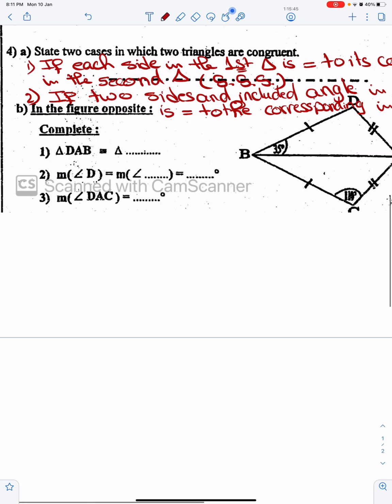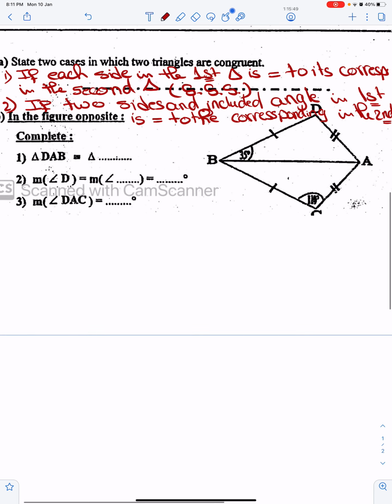Okay, let's look at this question. In the opposite figure, triangle DAB is congruent to triangle, D is the same as C. So this letter is C. A is the same, B is the same.